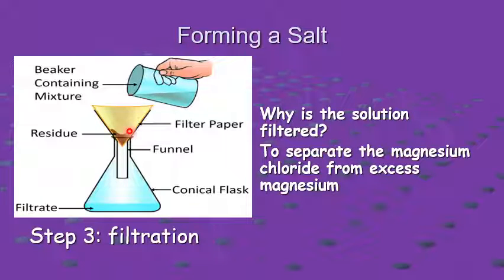Inside of your funnel, and then you have your beaker with your mixture, you're going to be pouring it in, and then the solid will be collected as a residue, and the liquid will be collected in the conical flask as a filtrate. That is it.